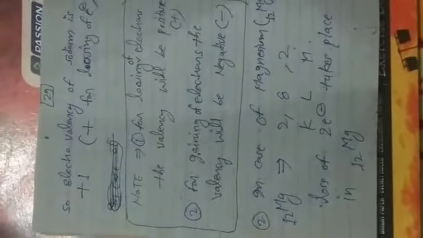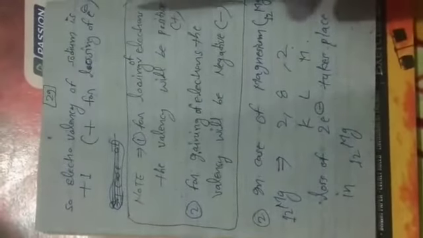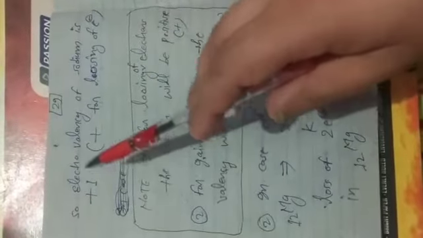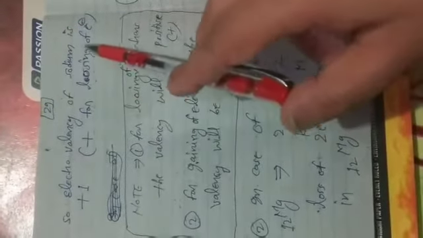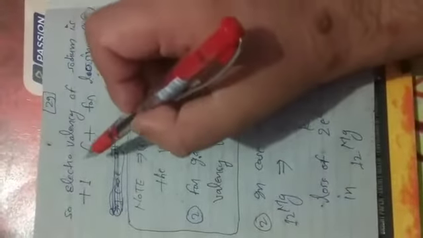So the electrovalency of sodium is +1, for losing of 1 electron. So the electrovalency of sodium is +1.